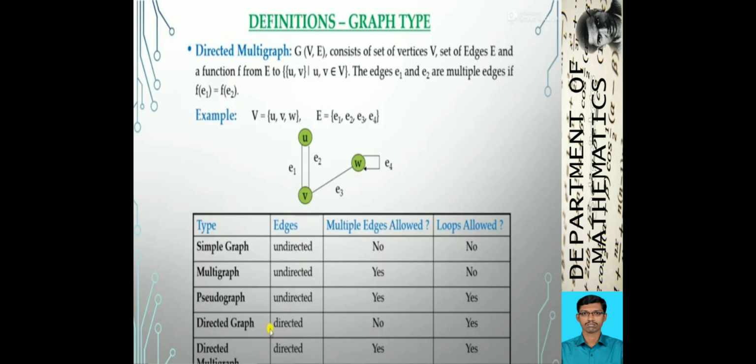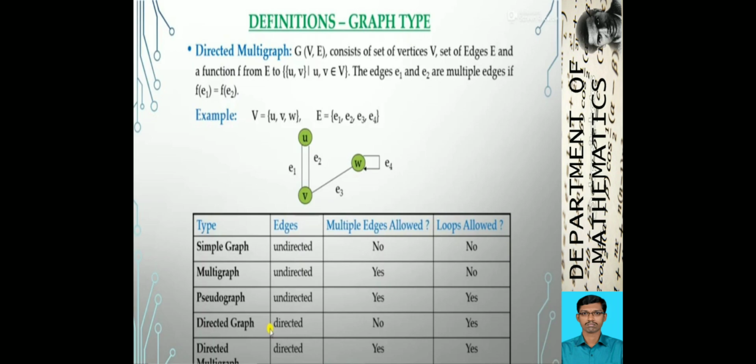Briefly, we can say that, see the table, the types of graphs. First one, simple graph: undirected edges. Multiple edges allowed? No. Loops allowed? No. Next one, multigraph: undirected edges. Multiple edges allowed? Yes. Loops allowed?